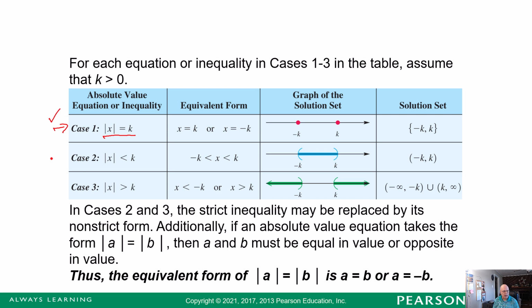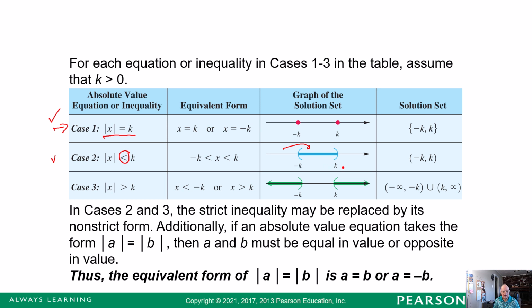Second, the thing different about this one is we have a less than sign. Now, a good thing to remember on this one is that it's going to be between k and minus k. Up here it was equal to k or negative k. In this case, with the less than, it's between the two values of k and opposite of k. And it looks like this on the number line.